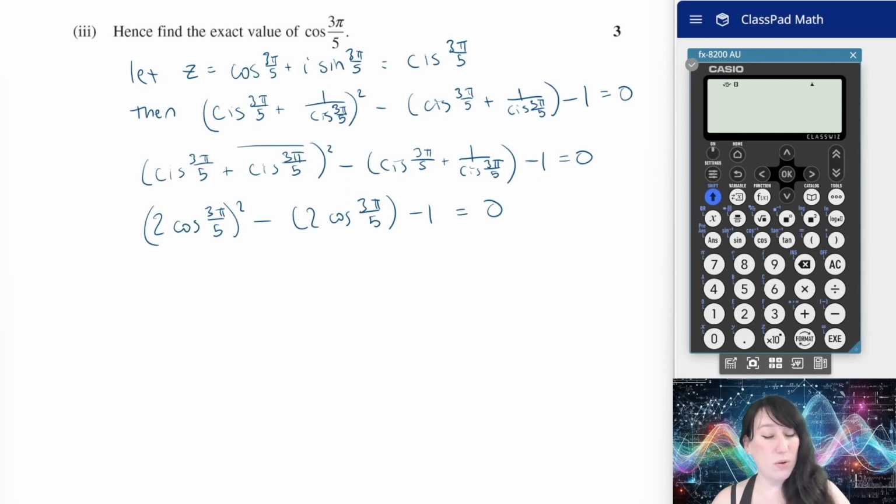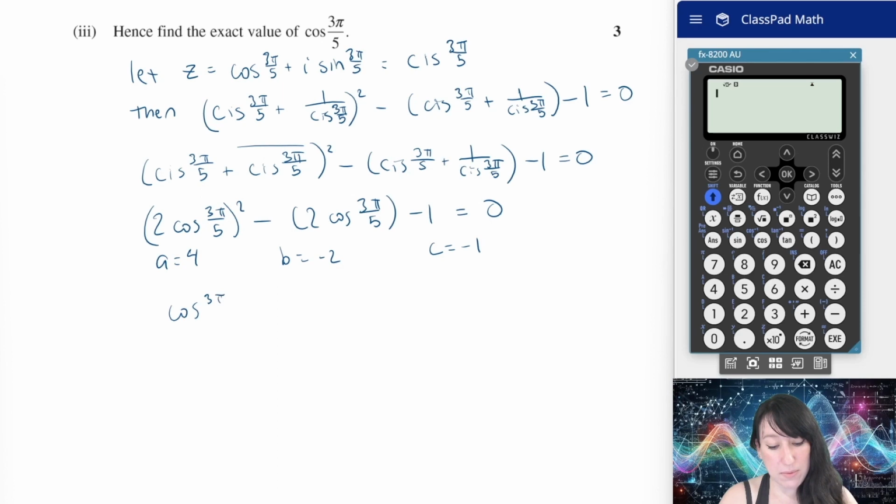So we could solve it with the quadratic formula. Note that a is 2 squared, 4, b is negative 2, and c is negative 1. So cosine of 3 pi over 5 will equal negative negative 2, so 2, plus or minus the square root of b squared, which is 4, minus 4 times negative 1, all over 2 times 4, which is 8.